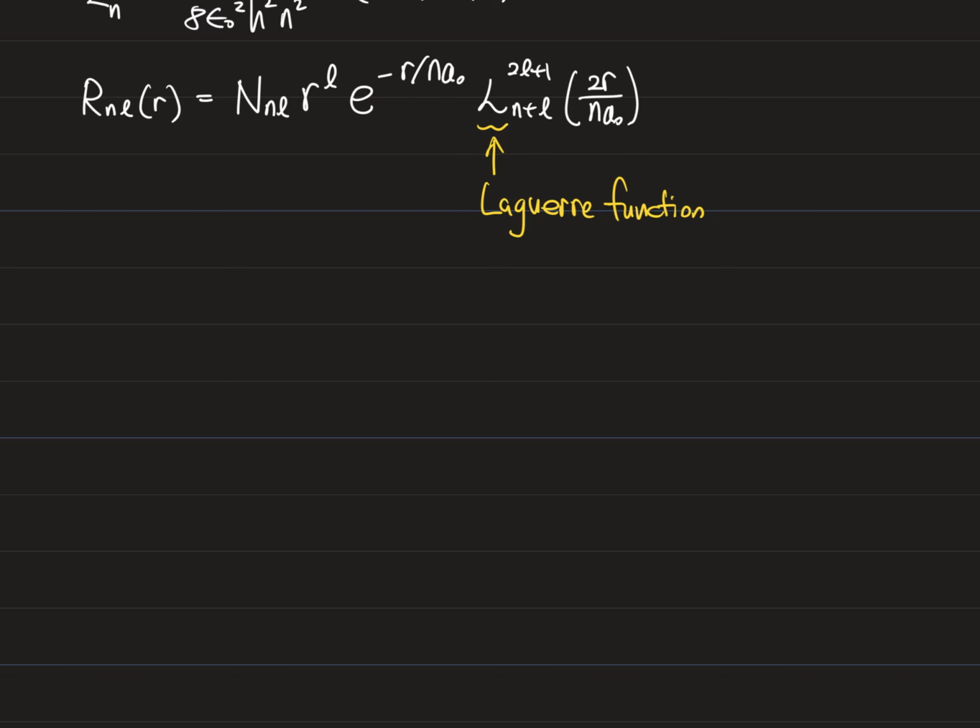So let's write down the Schrödinger equation for the radial part here. I'm sorry that I have to rewrite the same expression so many times.